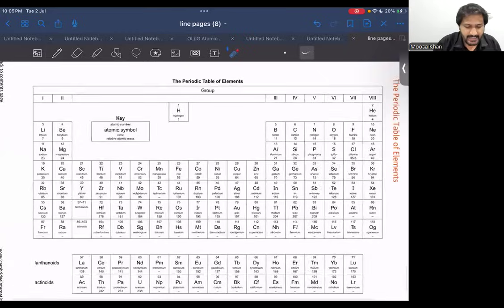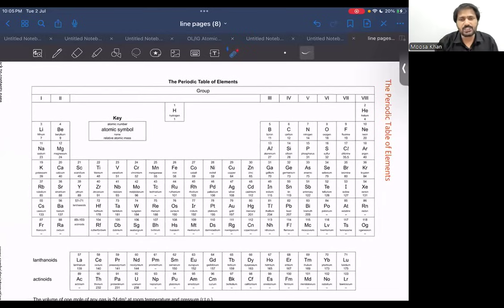And the periodic table is basically arranged from left to right. After hydrogen you have helium, and after helium you have lithium, beryllium, then boron, carbon, nitrogen, oxygen, fluorine, neon, then sodium, magnesium, aluminum, silicon, phosphorus, sulfur. So elements in the periodic table are arranged from left to right in a horizontal direction.